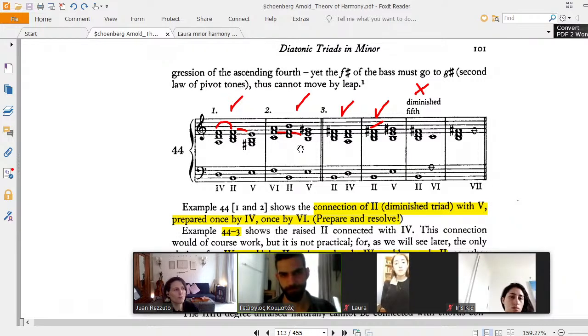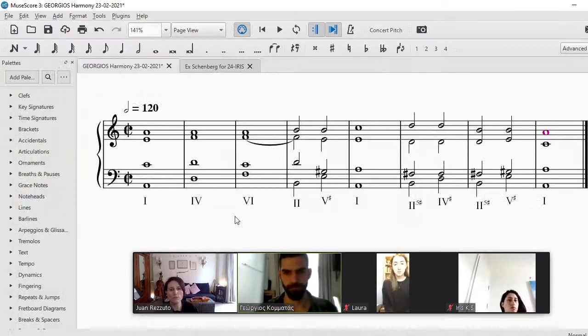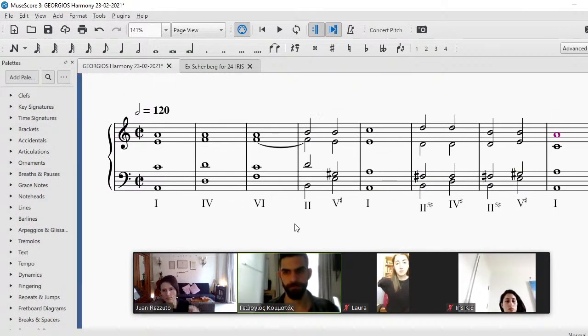To be honest, these are exercises, because it's not a piece. In a piece you will have much more parameters to deal with, and then you will say, okay, I had to do it this way because the voice goes... Like I said to Laura, if in that resolution you have a voice resolving on the E, just know that you could do it.